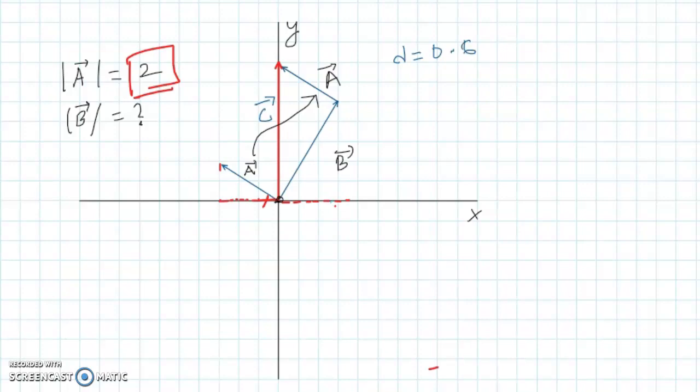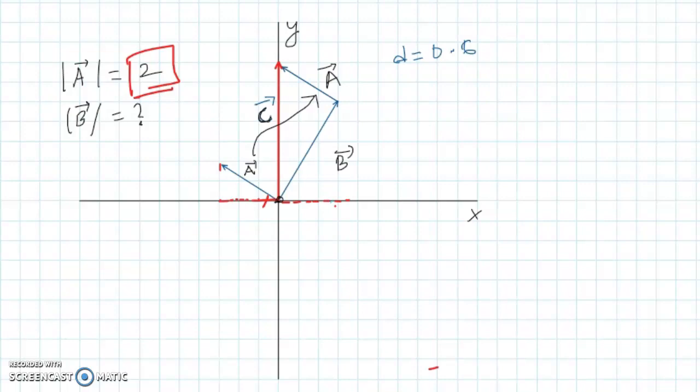So the vector C is a very straightforward vector. We have no x component of this vector, only along the y-axis. It is parallel to the y-axis. That is why we don't have the x component.